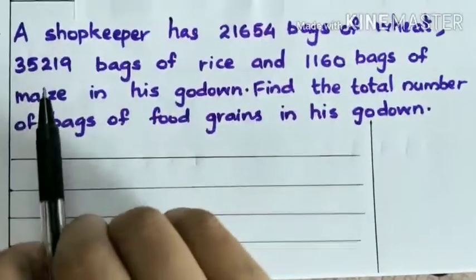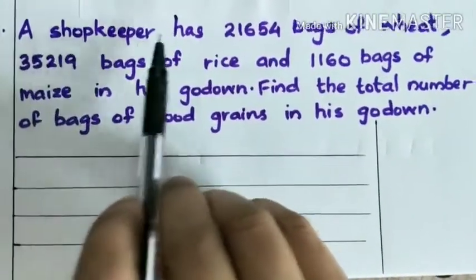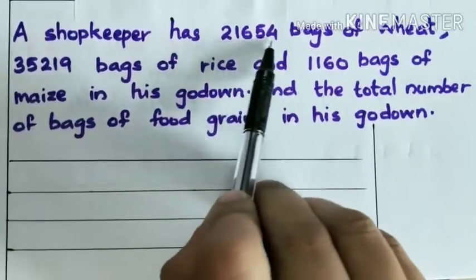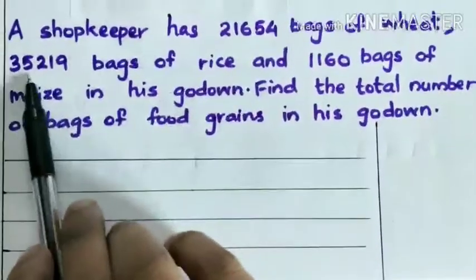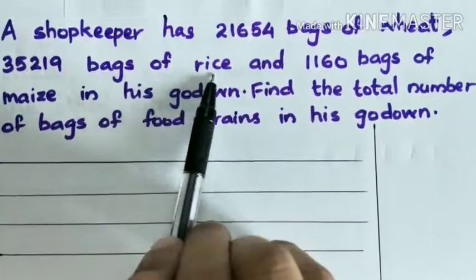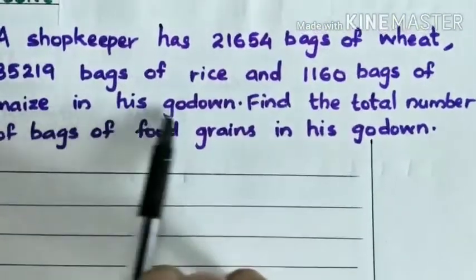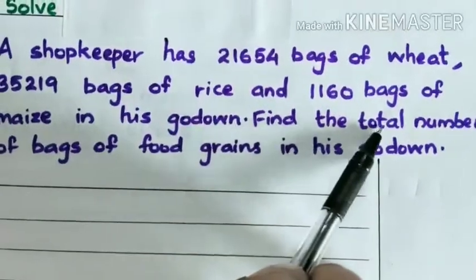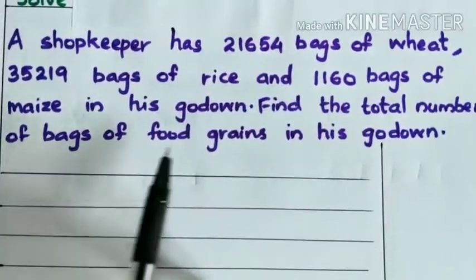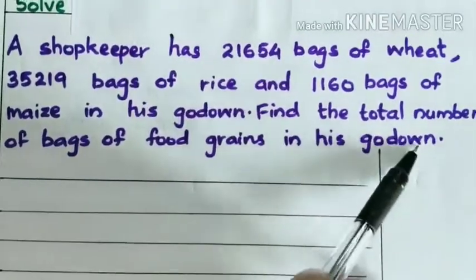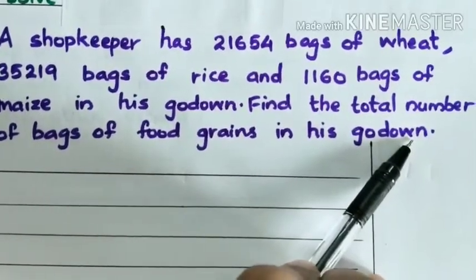This is a story problem. A shopkeeper has 21,654 bags of wheat, 35,219 bags of rice, and 1,160 bags of maize in his godown. Find the total number of bags of food grains in his godown. We have to find the total number.